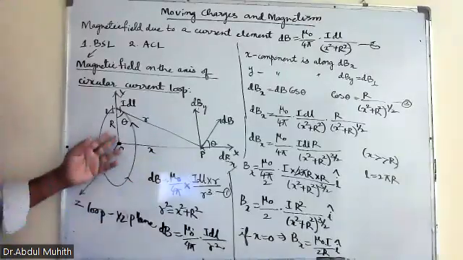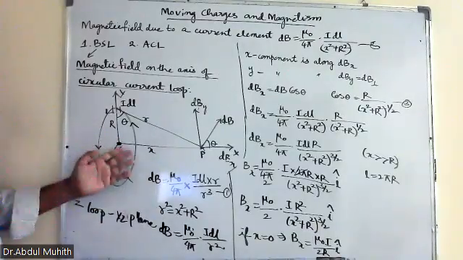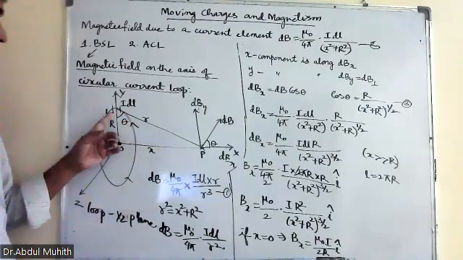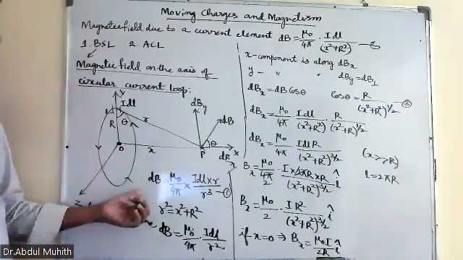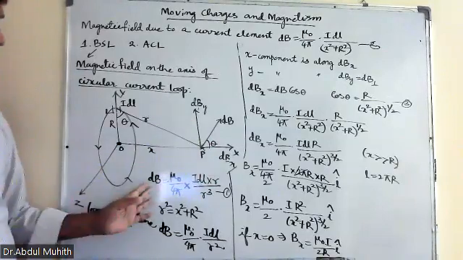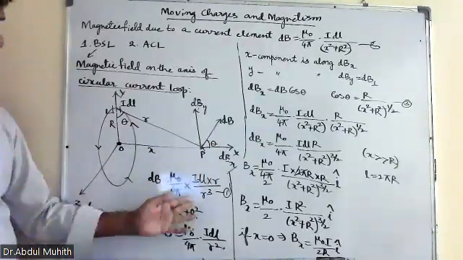So we have r as the radius of the loop, x as the distance from the center to point P, and r as the distance from the current element to point P. I dl is the current element. Now we have dB, dBx and dBy, parallel and perpendicular. dB is equal to μ0 by 4π I dl cross r divided by r³.